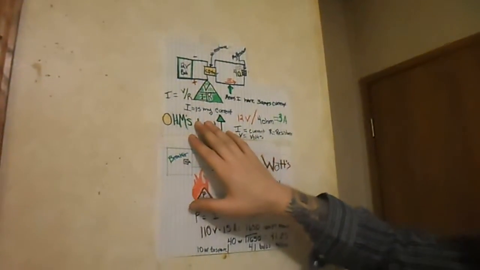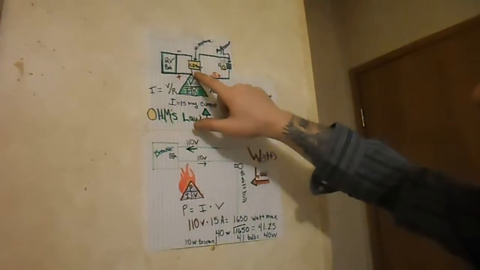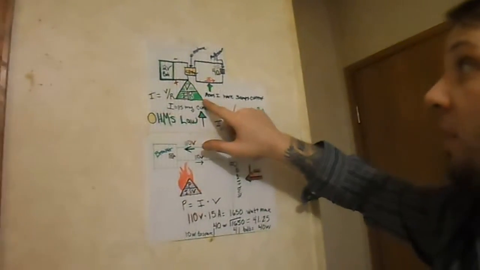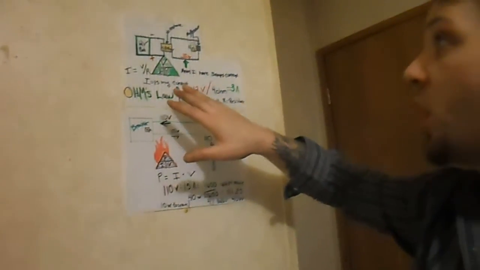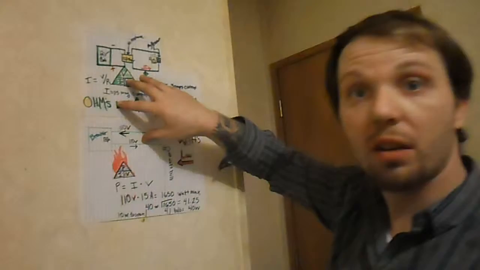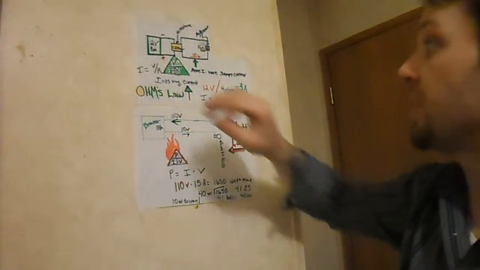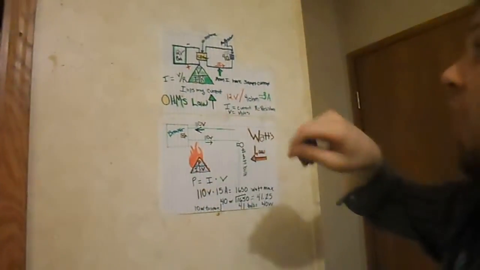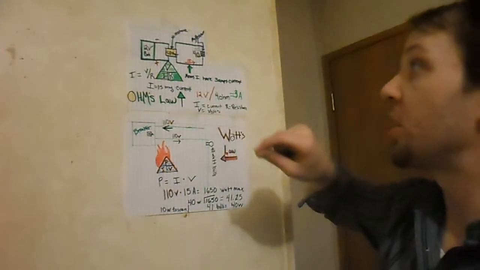So to solve this today, this is the triangle of Ohm's law. I like to solve it by placing my finger over whatever you're solving for. Today we're looking for how many amps, or current.